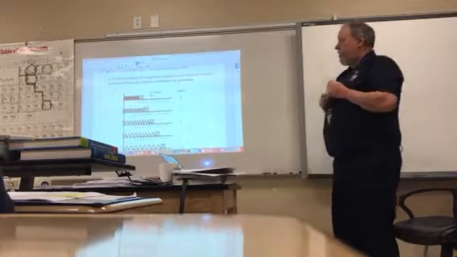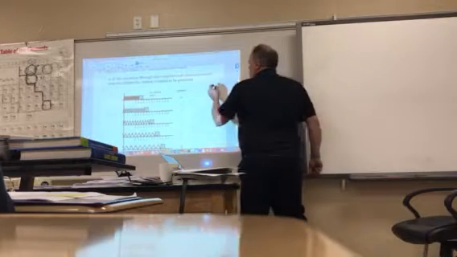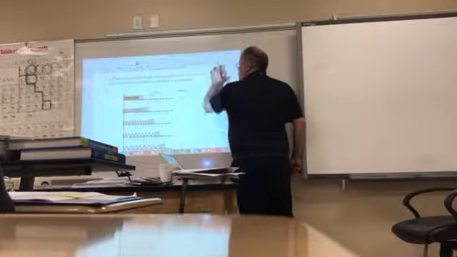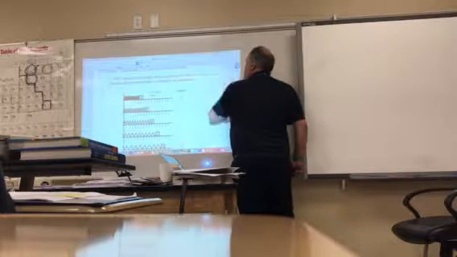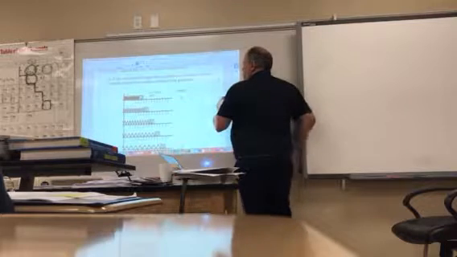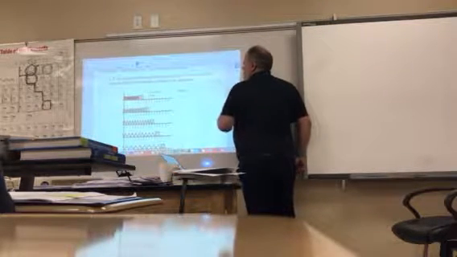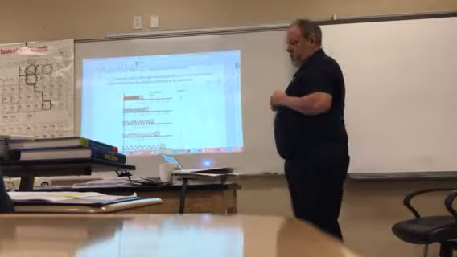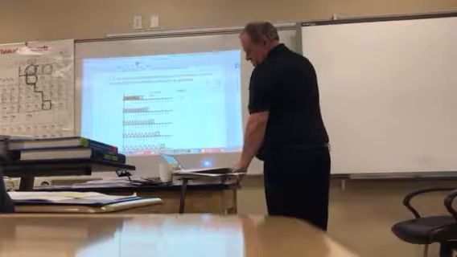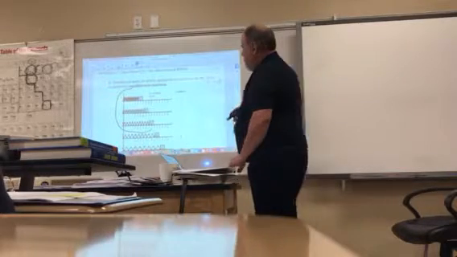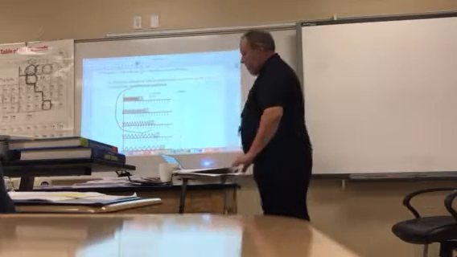Remember, a period is given by the letter T, and it's the number of seconds per, and when we talked about circular motion, it was the number of seconds per revolution, but here it's just going to be the number of seconds per oscillation. So there's the equilibrium position.